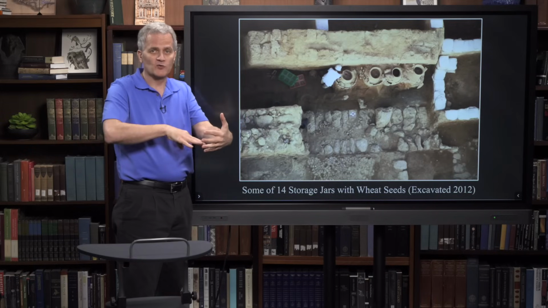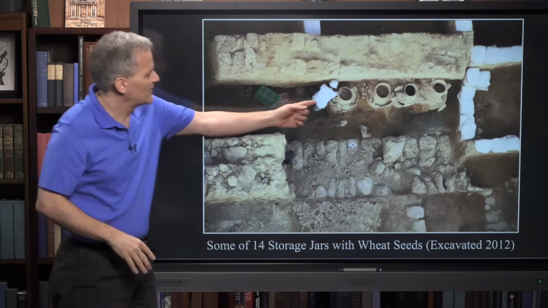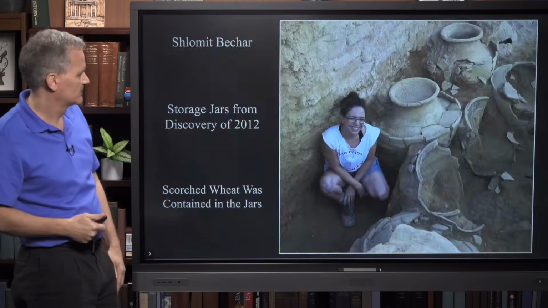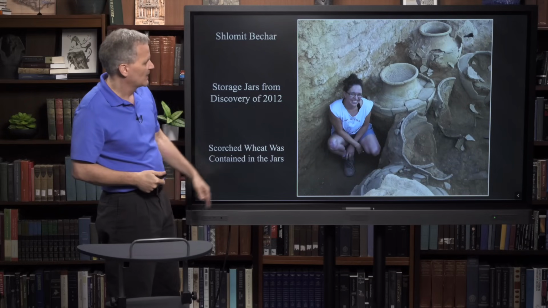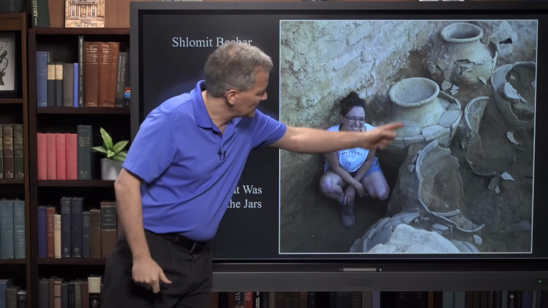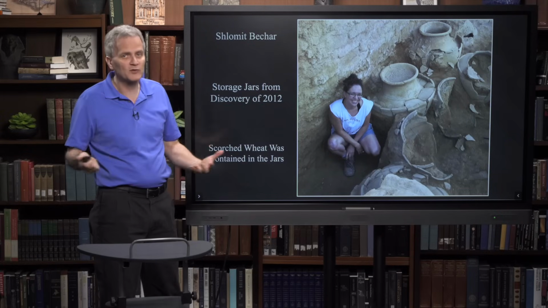Those jars were full of grain, and that was at the destruction of the city. Here, we have such storage jars that were found. And there is one of the lead excavators, Shlomit, who is bending next to some of these storage jars, and you can see how large they are and that they were filled with grain.